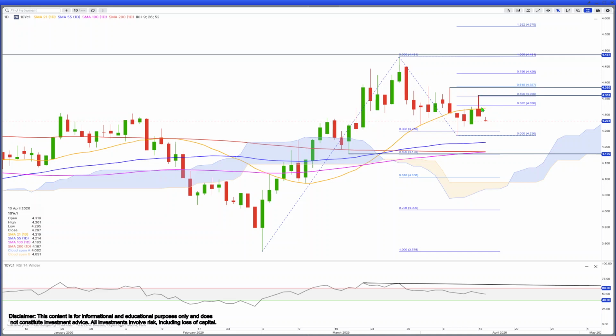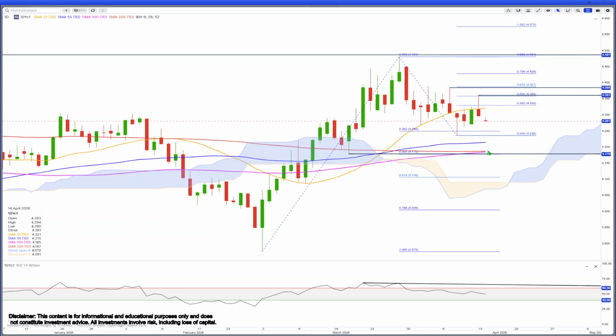But for now, we are sliding slowly back, and maybe that's why I saw that yesterday some of the home builder companies in US were doing quite nicely. However, we are sliding slowly back here, and if it takes out 423, the spike down here, well, then we're looking at 470, 417, where we have stronger support coming up in the form of the 100 moving average and the 200.